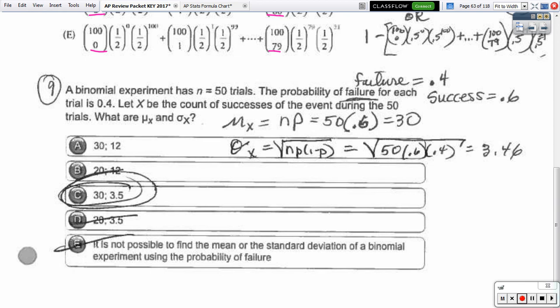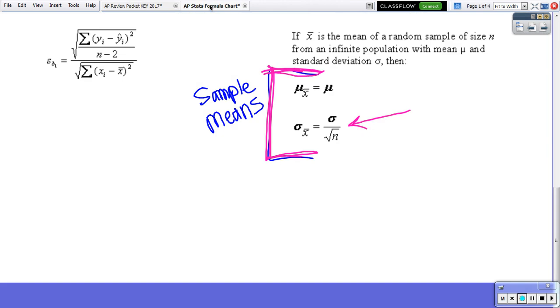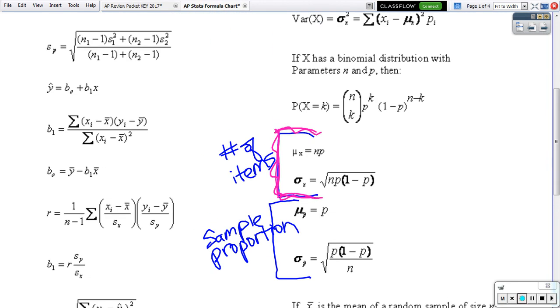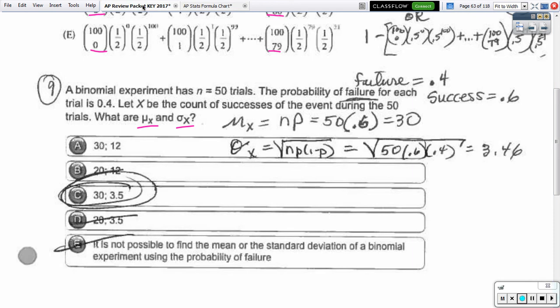All right, number 9. What are the mean of X and the standard deviation of X? So once again, this is the mean and standard deviation for the number of items. So you just follow those formulas and plug in the information.